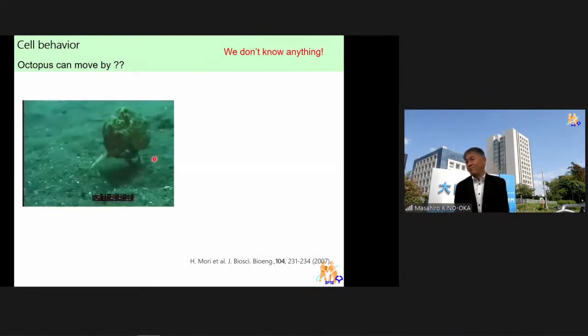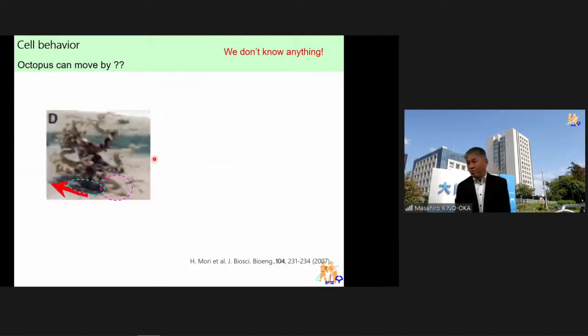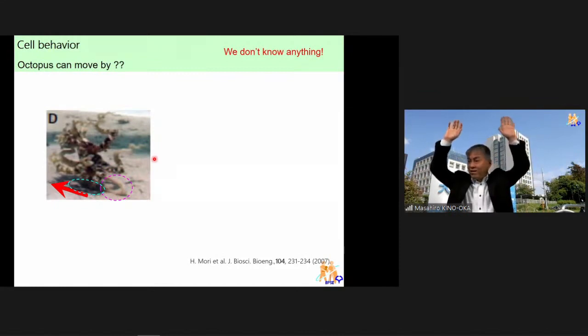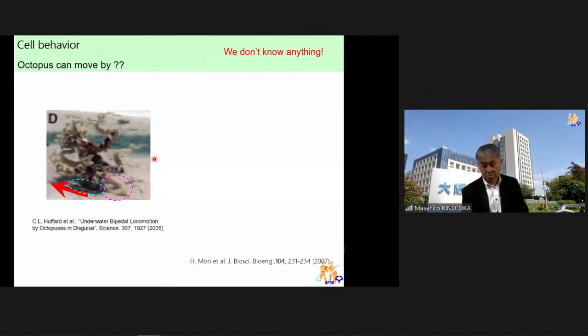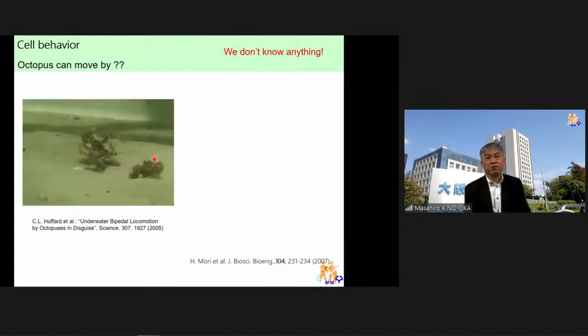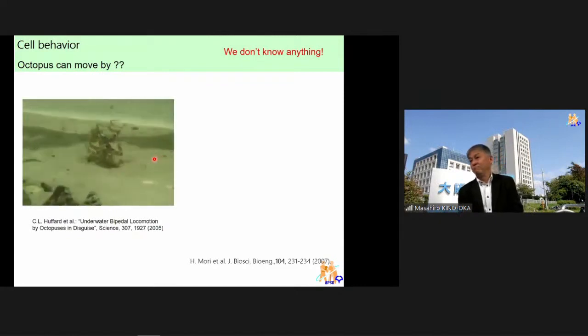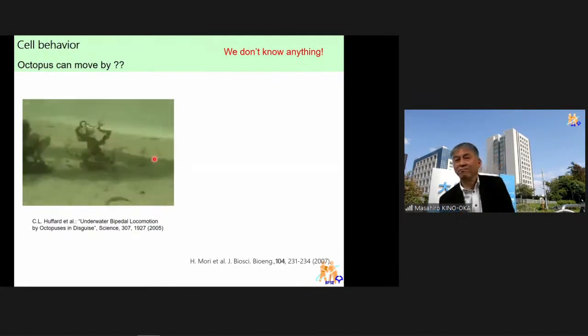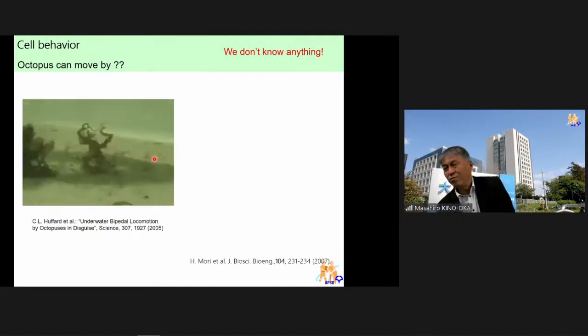Two legs, running. How about this octopus? This octopus is holding rice and running. Maybe you doubt. Please see, that's from Science. No doubt.